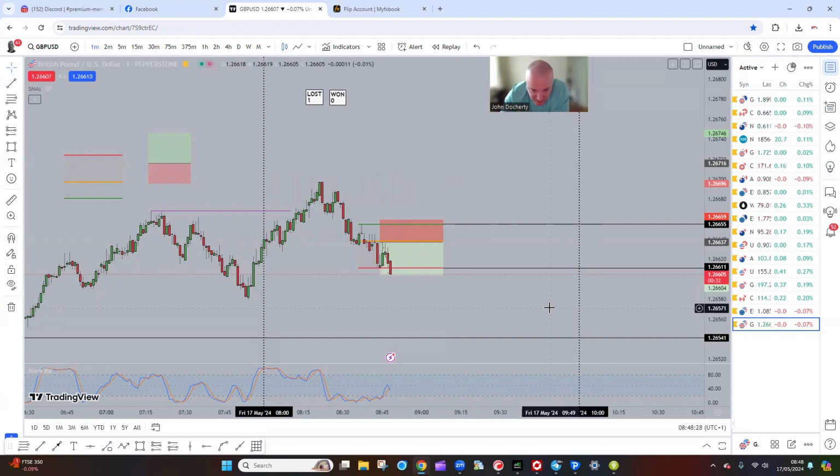So this looks like it could be the first win. Another little drop. Oh, has that dropped? I have to wait a minute. I'm not sure if that's touched that yet or not. I don't think it has. It's going to be a pain in the backside if this comes back out and wicks through that SL on the top.